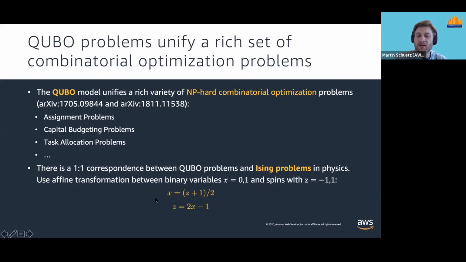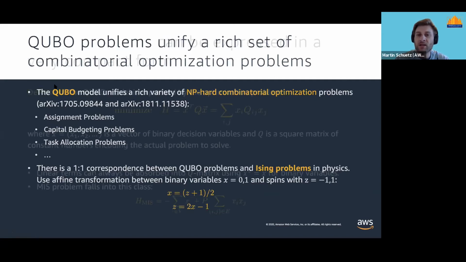But there is a simple mapping that you can use to go back and forth between these two modeling approaches. With all the understanding and knowledge built around Ising Hamiltonians, that is obviously something we can leverage here to solve these QUBO problems in practice for our customers.